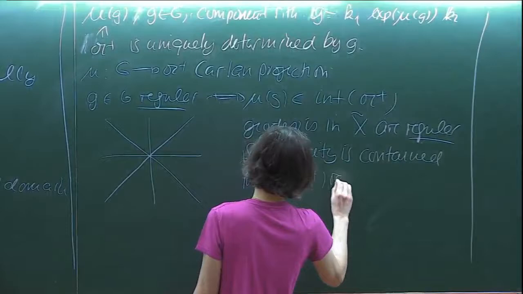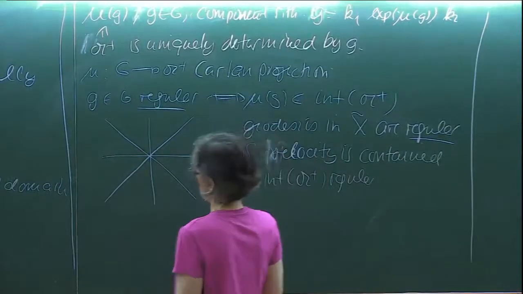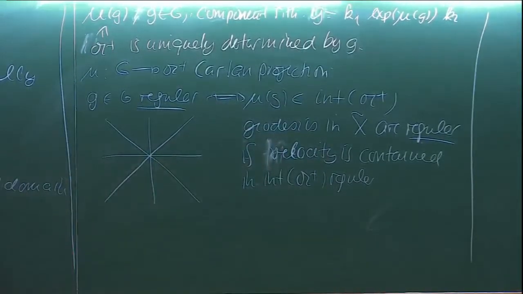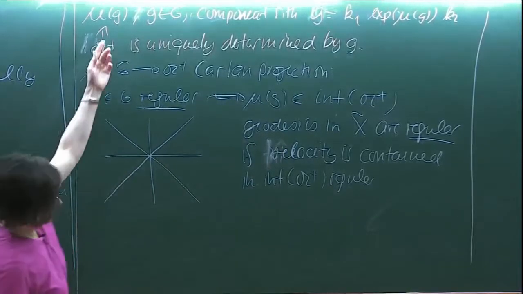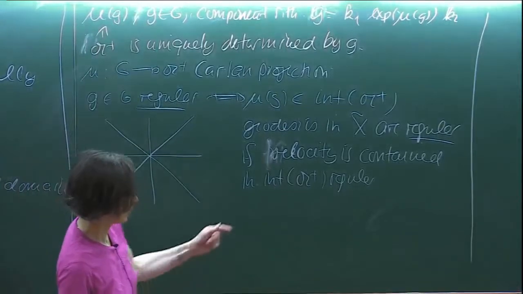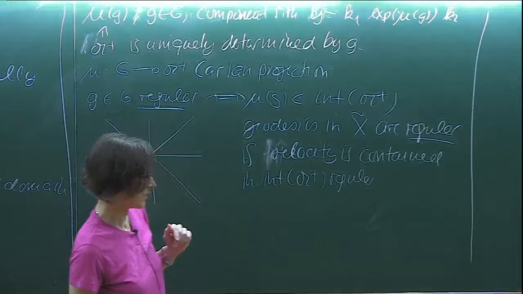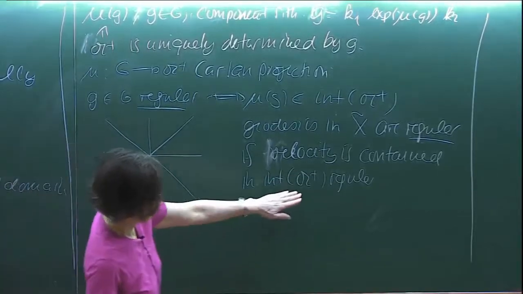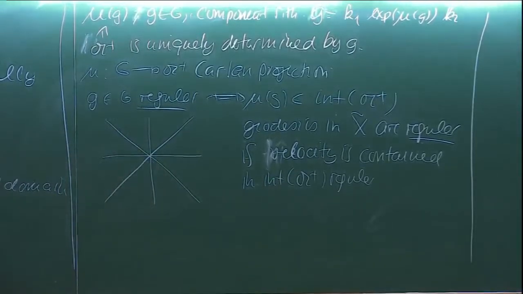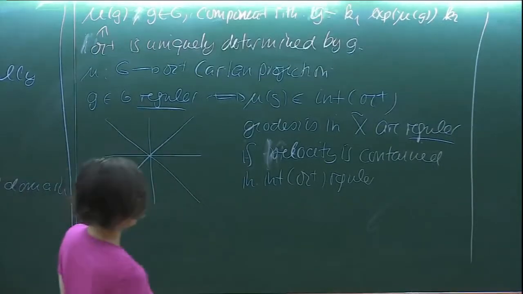And this means that a geodesic is a projection of a one-parameter subgroup in the group G. So now we have this Cartan projection, and it makes sense to ask that this one-parameter subgroup is defined by an element whose Cartan projection is contained in the interior of A plus, so it's regular. And these are precisely the regular geodesics.